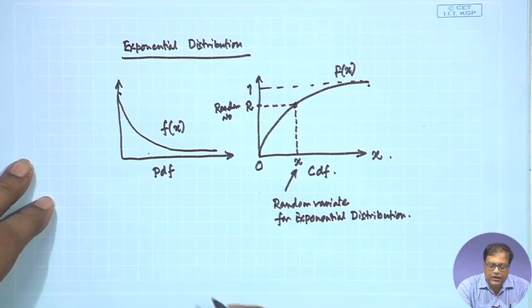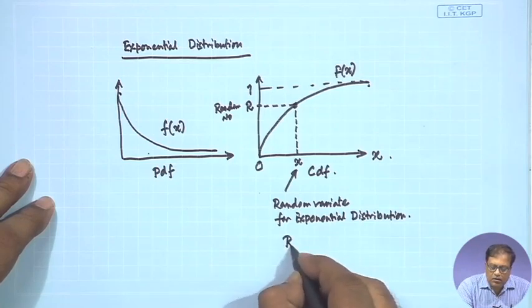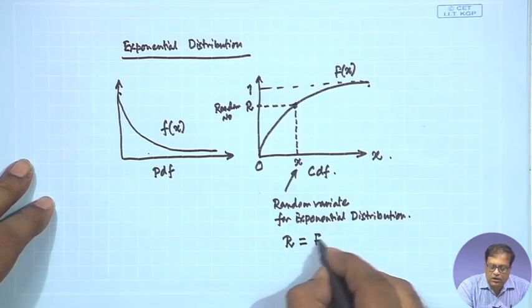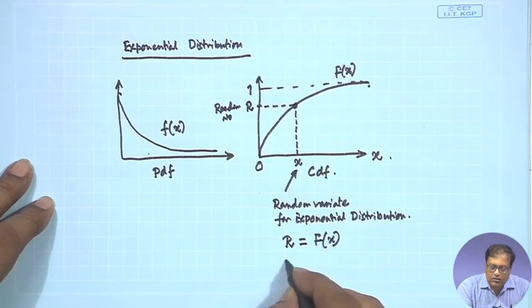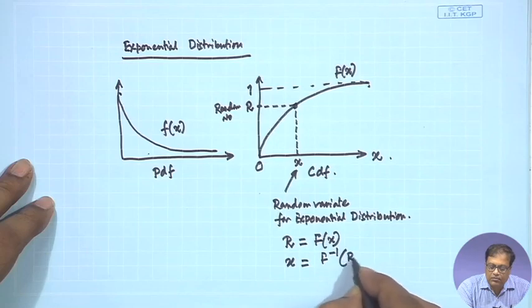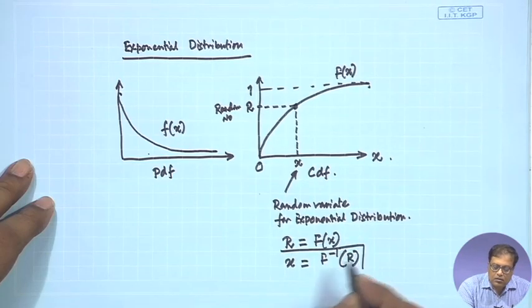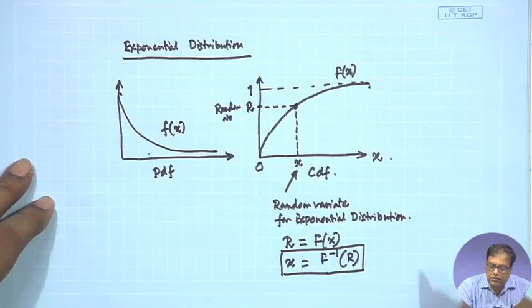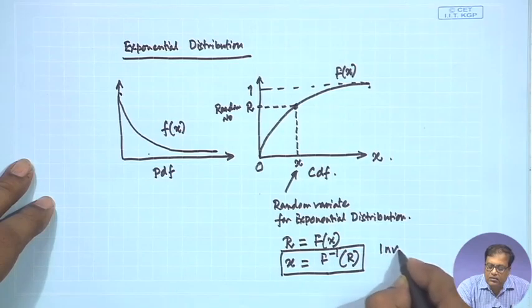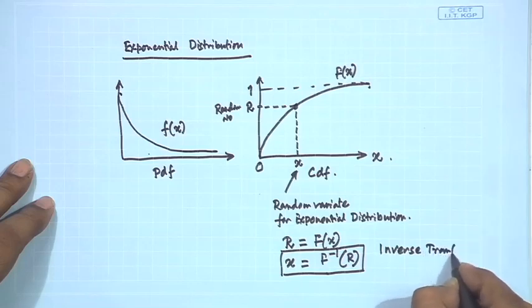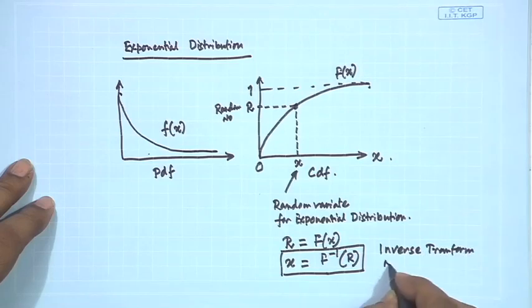Now, mathematically speaking, r equal to F(x), so x equal to F inverse of r. This is called the inverse transform method. That is why it is called inverse transform method.